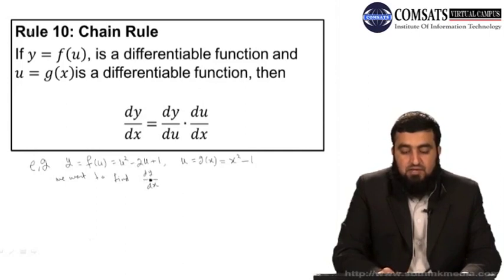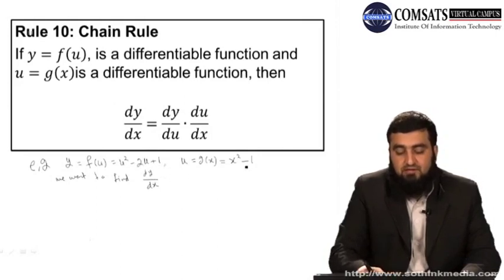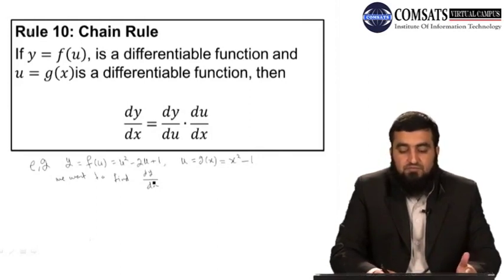अब बेसिकली आप डेरिवेटिव तब ले सकते हैं अगर y is a function of x हो, but since you know that y तो u का फंक्शन है लेकिन u जो है वो x का फंक्शन है, यानी u जो है वो x पे डिपेंड कर रहा है और y जो है वो u पे डिपेंड कर रहा है, तो बिलवास्ता तौर पे y जो है वो x पे भी डिपेंड कर रहा है.